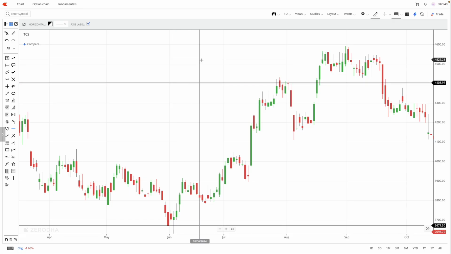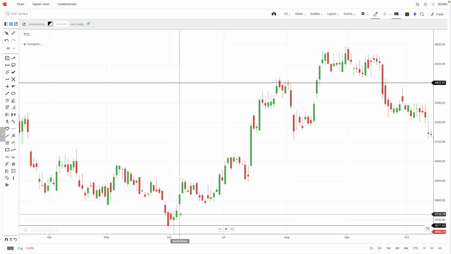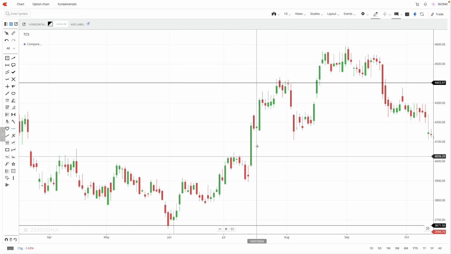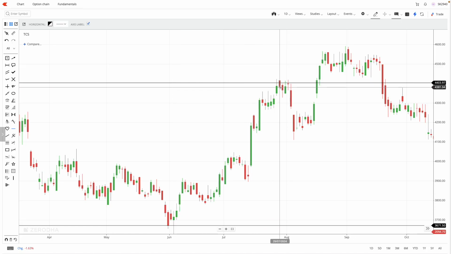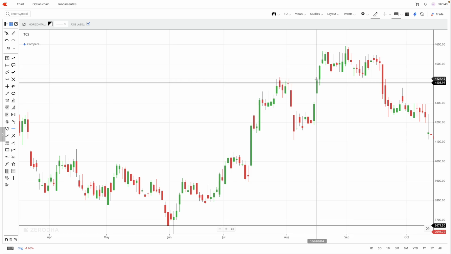Yeah, that's about it. I want the stock to close above this to consider it for buying. Then days pass, the stock is moving upwards. It is not closed above, so no need to worry here. Yeah, there is our entry.